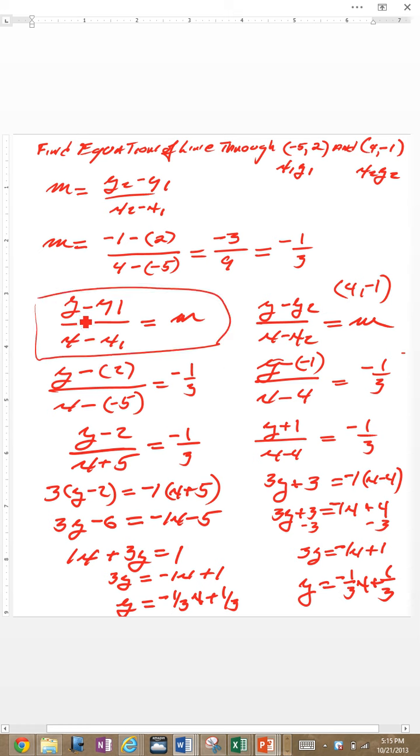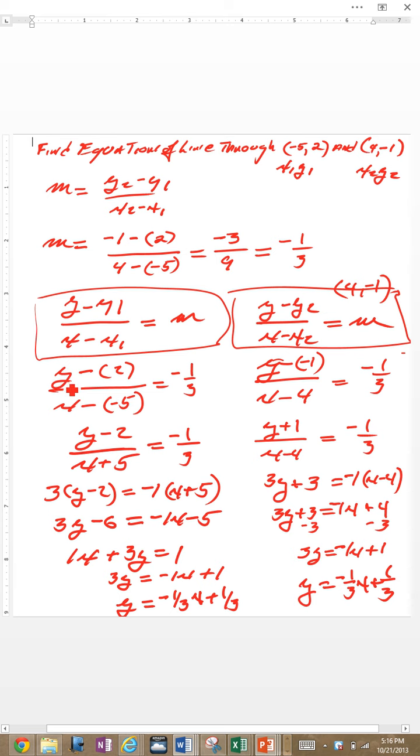You write down y minus y1 over x minus x1 is equal to the slope. Whereas you choose one of the 2 points. Again, it doesn't matter which of the 2 points we choose, as long as we work with the right slope. And since your slope is going to come in, very important that you check your slope 2 or 3 times before proceeding from there.